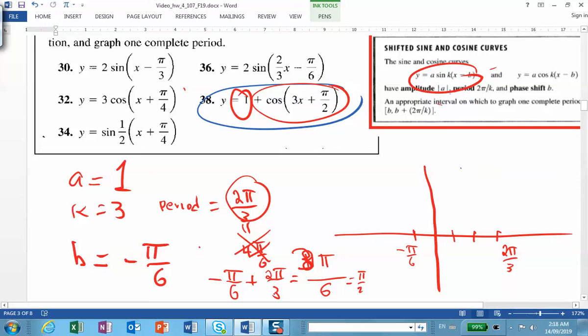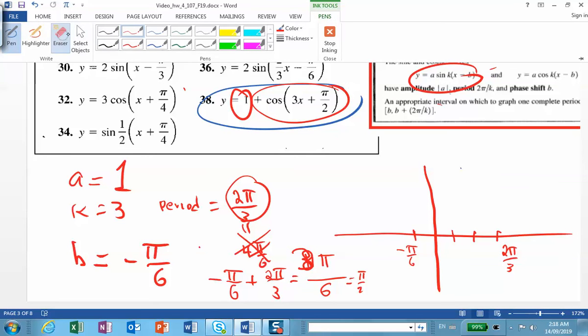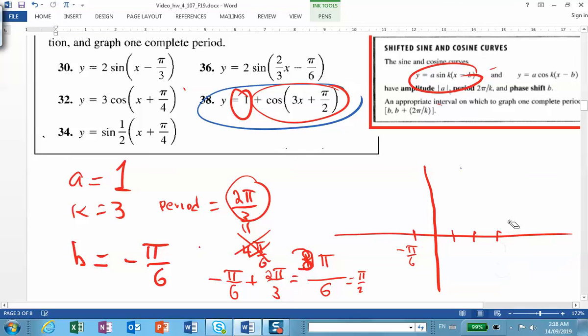So this is not correct. This location is simply pi over 2. Okay? And this distance is 2 pi over 3.